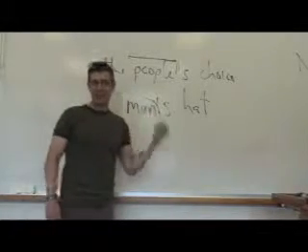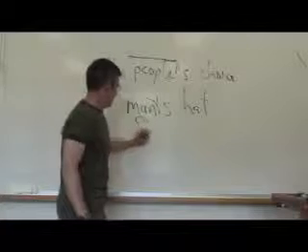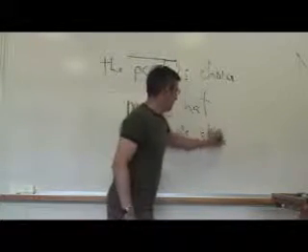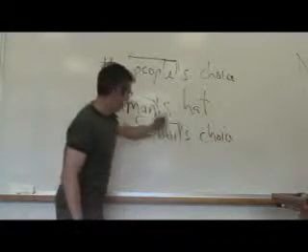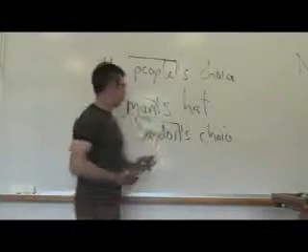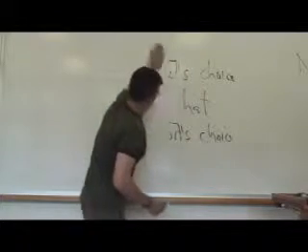The man owns the hat, and it's the same thing with proper nouns. So it's Sandor's choice, the choice made by Sandor. Okay, so Sandor is to the left of the apostrophe. Sandor is the one doing the owning. It is Sandor's choice. Now, that's the simplest thing about the apostrophes.